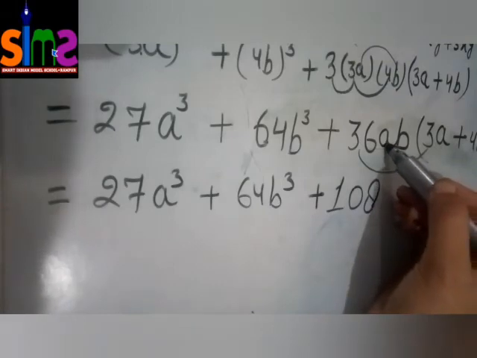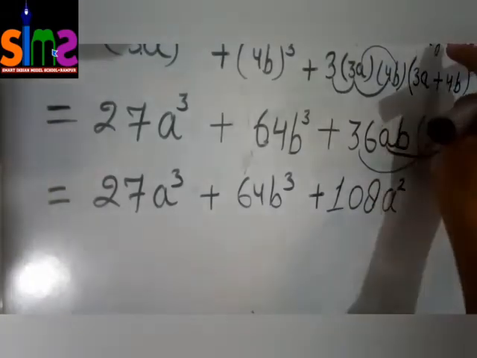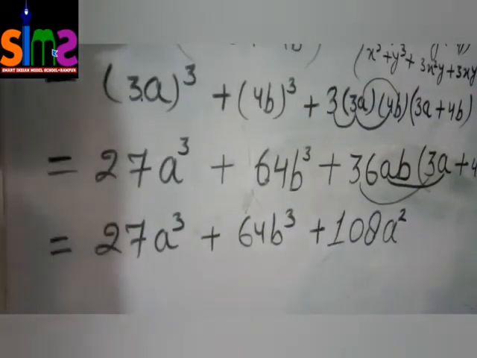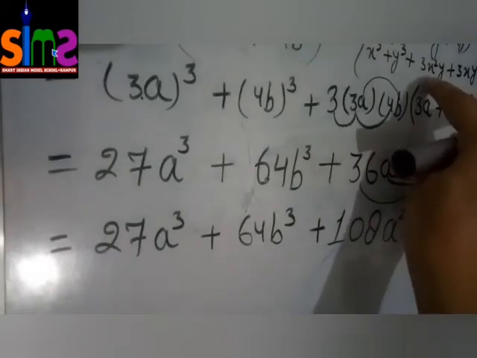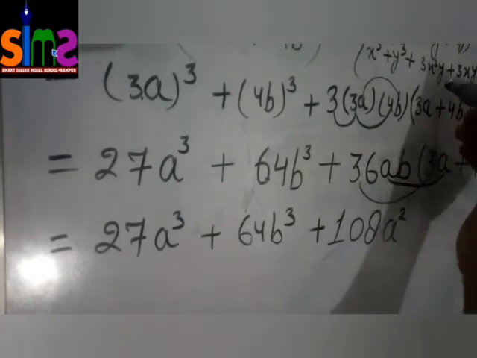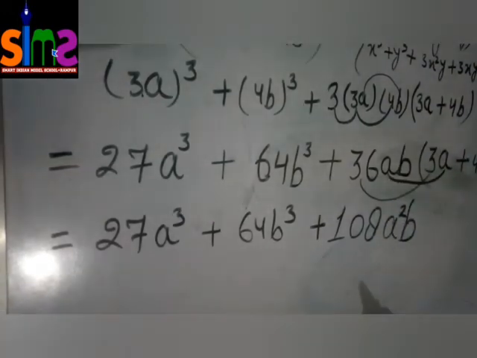And when a is multiplied by a, we get a square, as we get x square only. In the second step, we get x square, that is when a is multiplied by a, we get a square, and y remains the same, means b will remain b.